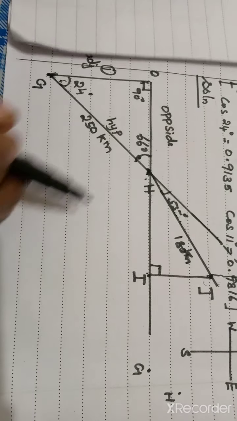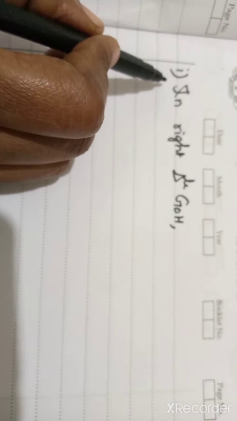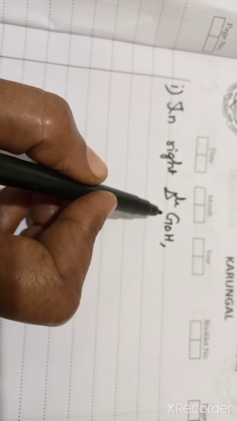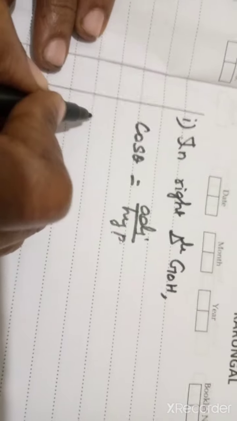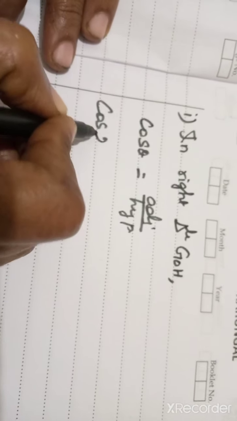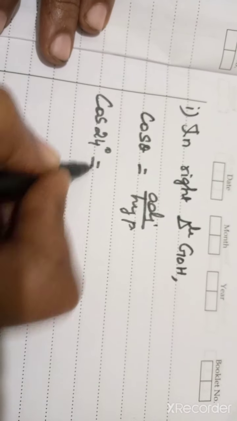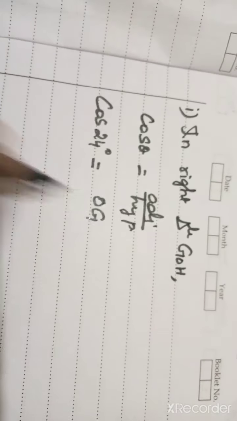Okay. Let's write in right triangle GOH. In right triangle, first subdivision let's do. In right triangle GOH, cos theta equal to, formula, right, adjacent side by hypotenuse side. That is cos theta, 24 degree, equal to adjacent side which is OG.